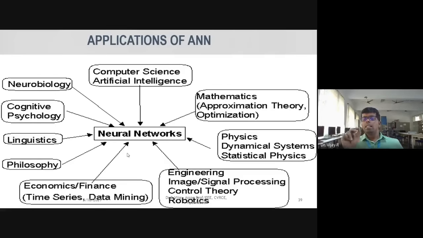Sometimes cancer cells may be very minute, so the AI has to learn that also and give the output: what is the stage of cancer, whether it is stage 1, stage 2, stage 4, like that.